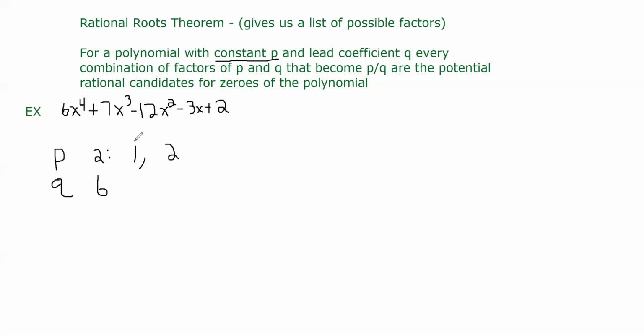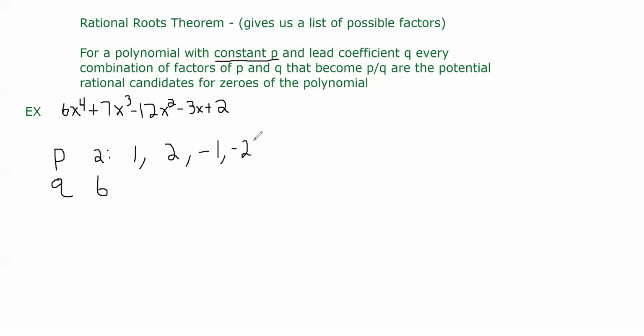Positive 1 times positive 2 works, but actually negative 1 times negative 2 also works. If you multiply negative 1 times negative 2, you also get that.